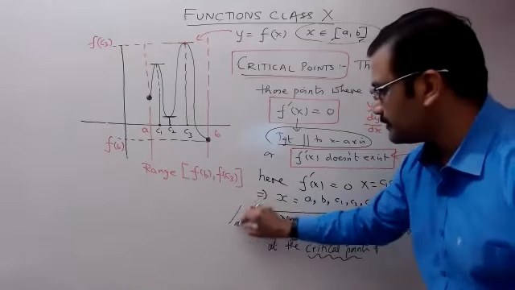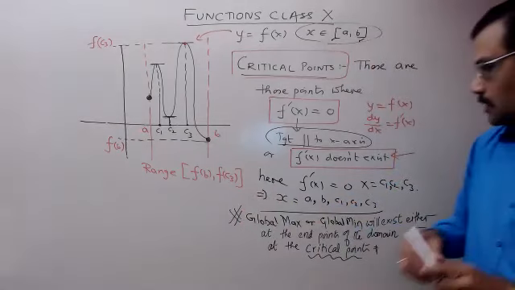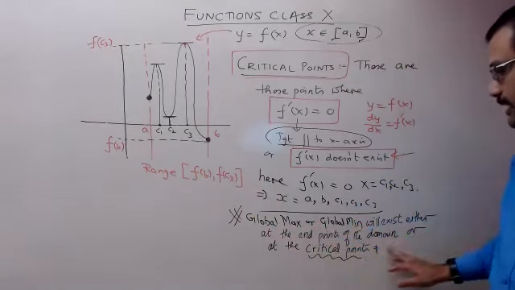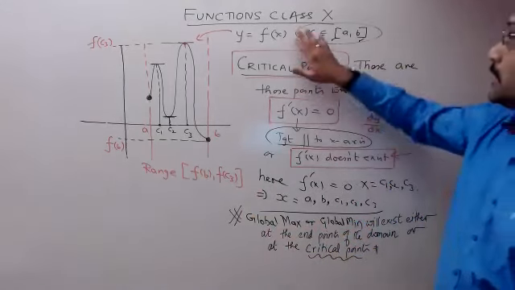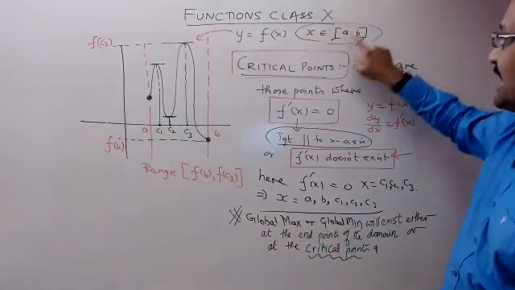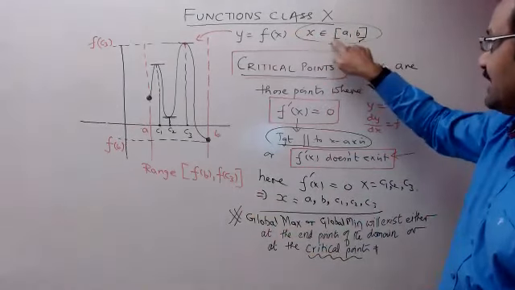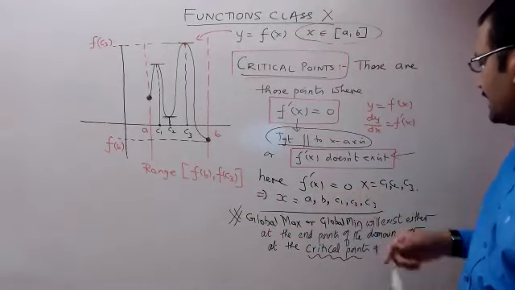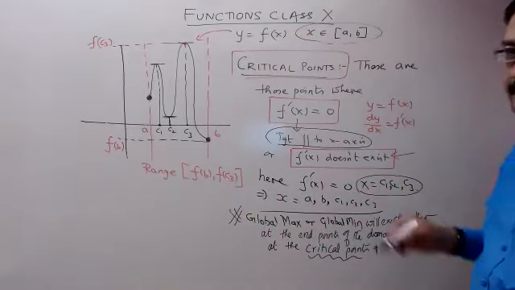So this theory we will use. Global maxima or global minima will exist either at the end points of the domain or at the critical points. So for this function, maxima minima can exist either at the end points of the domain, at A, at B, or at the critical points. What is a critical point? f dash x 0. What is that? x equal to C1, C2 and C3.